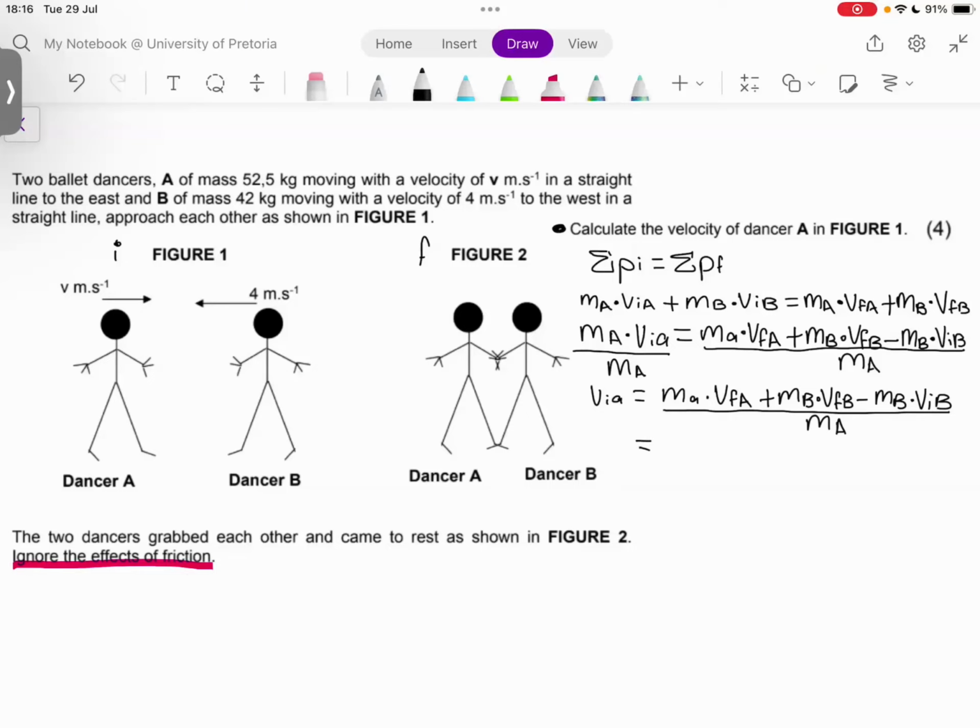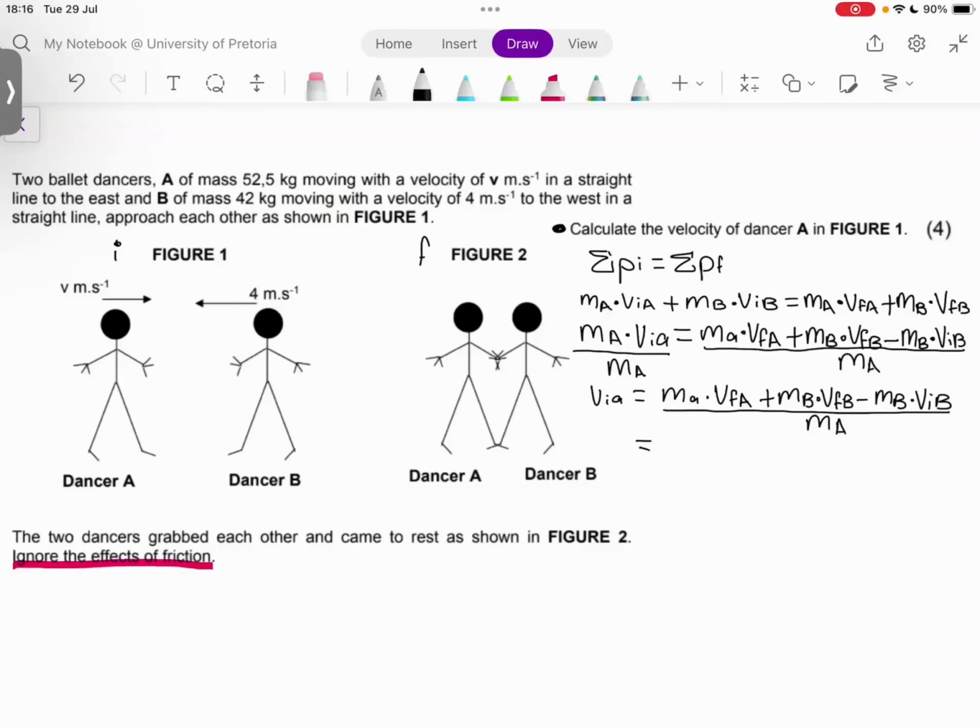From here, all that's left is for us to substitute our values into their right places, whereby we're given the mass of A as 52.5 kilograms, the mass of B as 42 kilograms, and the velocity of B as 4 meters per second west.